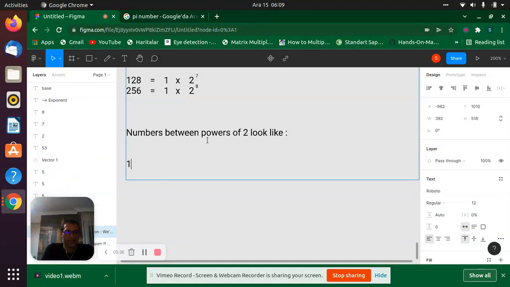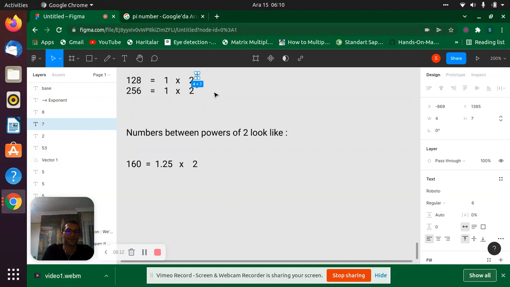Let's come and say 160. Let's do it. You can't do it with 7 power of 2 or 8 power of 2 or 5 power of 2, or really you can count what you need. You can try it really. Let's do it. 1.25 times 7 power of 2.